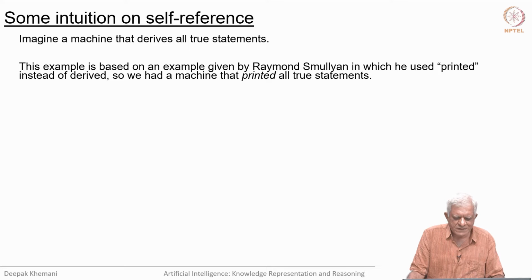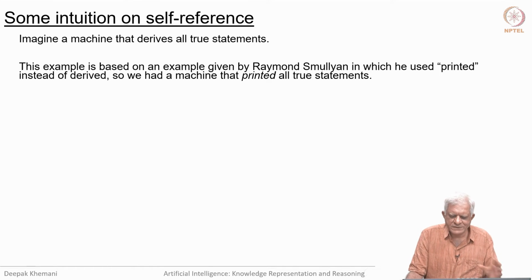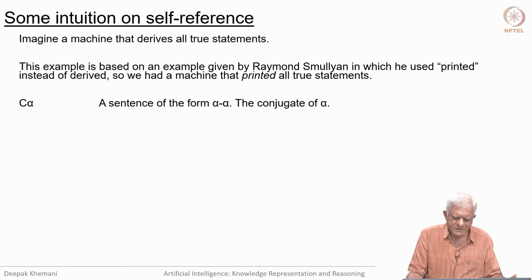We will use the word derive, though in his example he used the word printed, perhaps because he wanted to be careful not to mix things up with the more formal meanings of derivation and so on. So, in his world there was a machine that printed all true statements. We will use the term derive. Here is something that he started with.